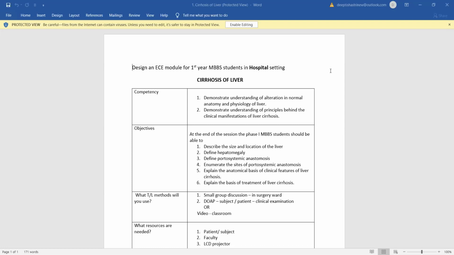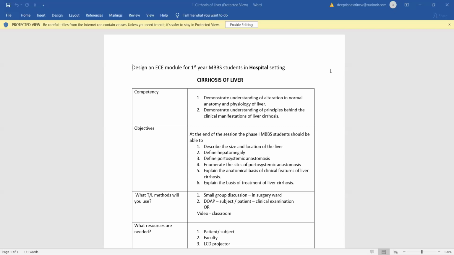So what I feel is that more of the communication skills and such objectives should also be kept in this. And in this particular ECE, I think we need not go into the details of even treatment of liver cirrhosis, is what I feel. Yes, absolutely, ma'am. Basis of treatment of liver cirrhosis is not needed, and I guess size and location of liver is not needed.